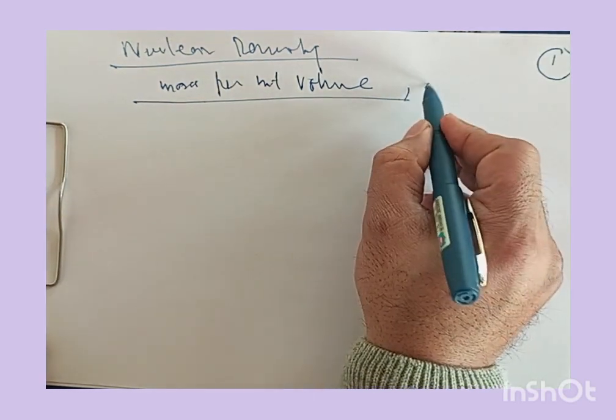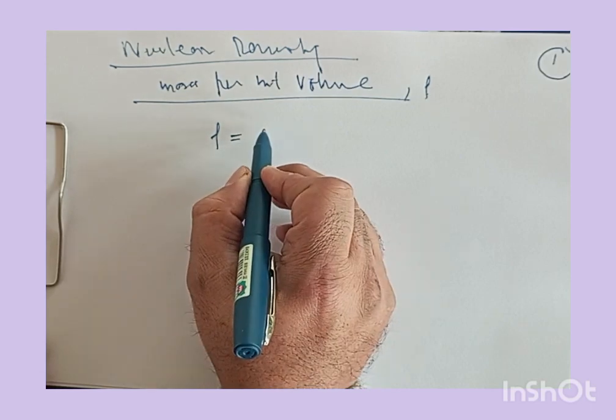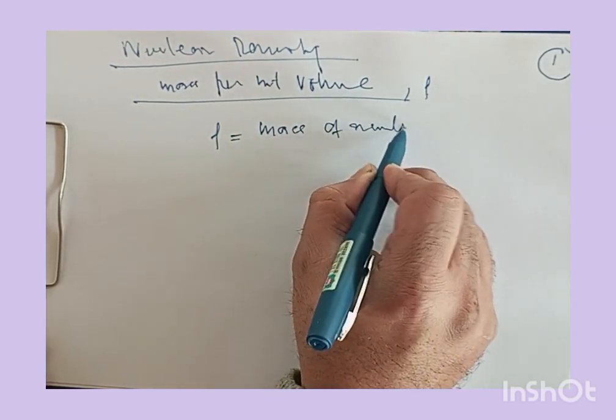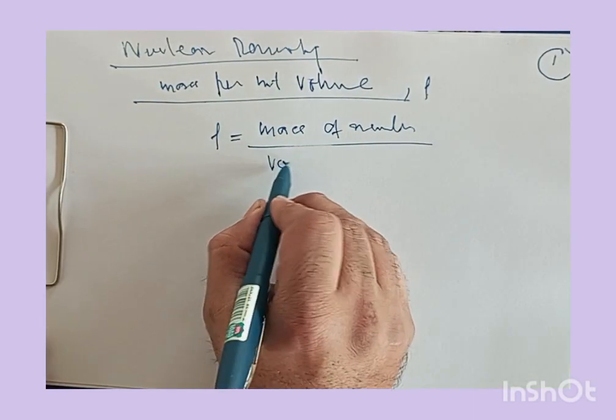If I take its symbol as, say, rho, then rho will be the mass of the nucleus divided by the volume of this nucleus.